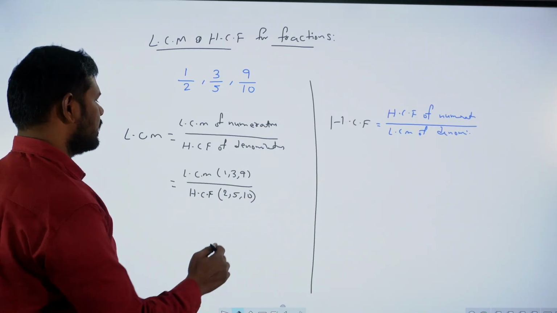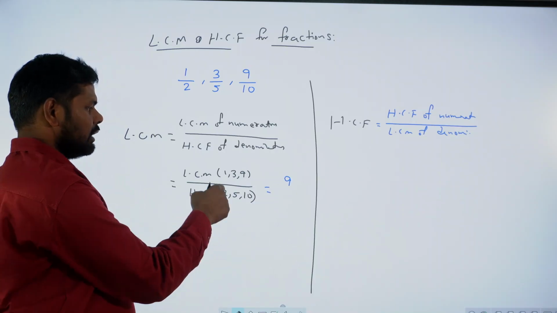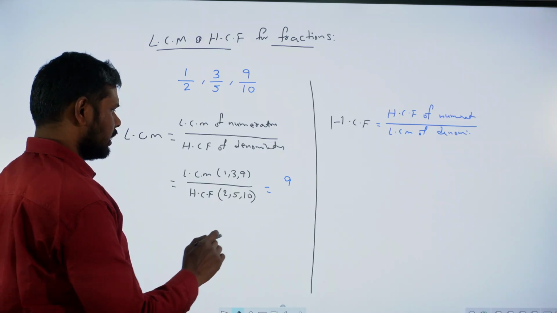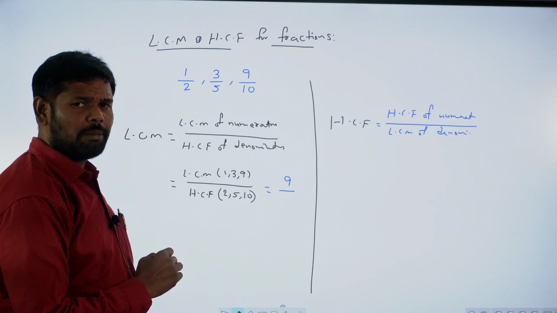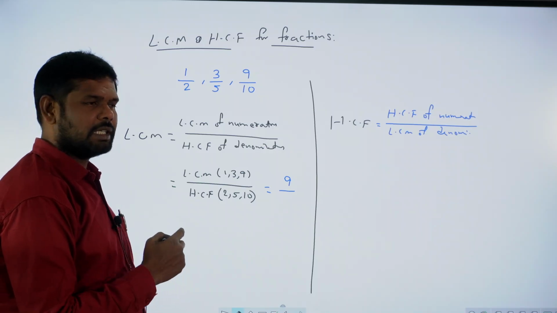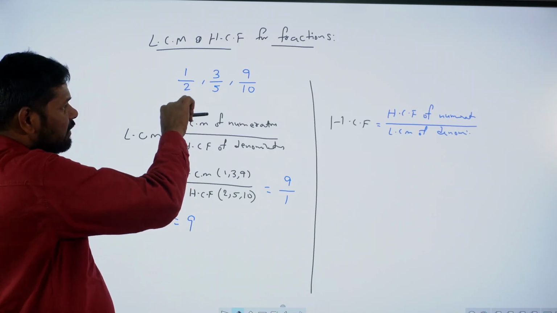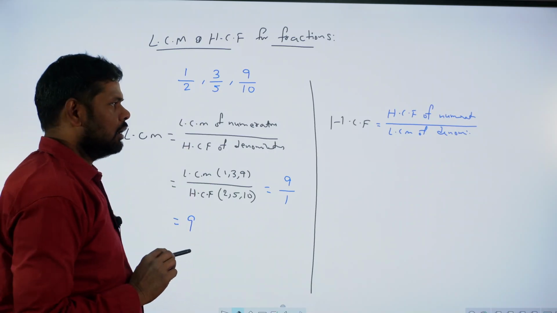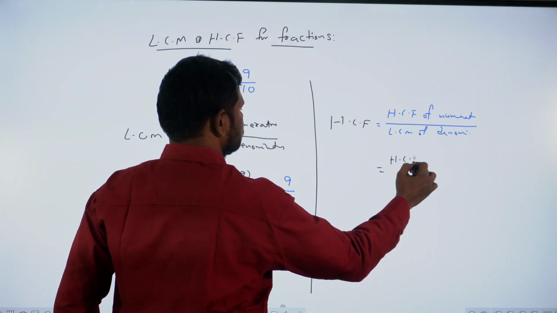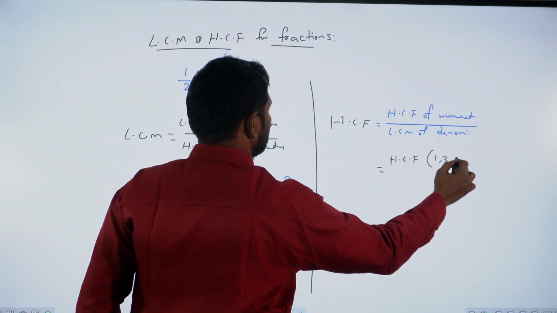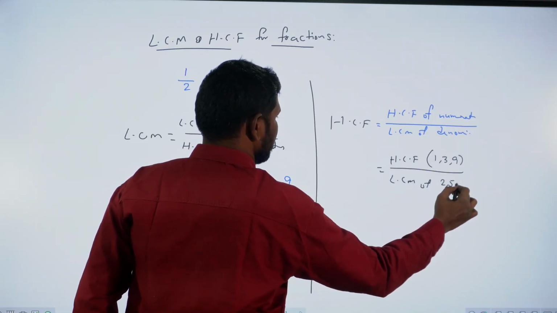So the LCM of 1, 3, 9 is how much? 9. 9 is a multiple of 1 and 3, that's why that is the largest number. And the HCF of 2, 5, 10: 2 and 5 are prime numbers, and for prime numbers the HCF is always 1. So the LCM for the given fractions is 9. And the HCF for the given fractions is the HCF of 1, 3, 9 divided by the LCM of the denominators 2, 5, 10.